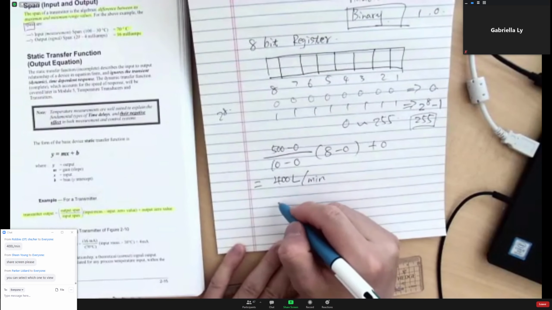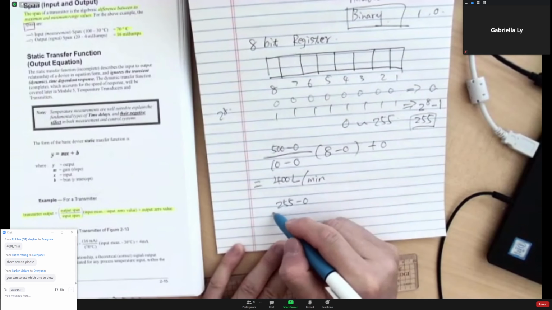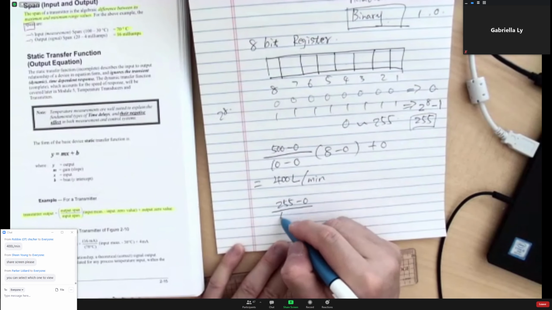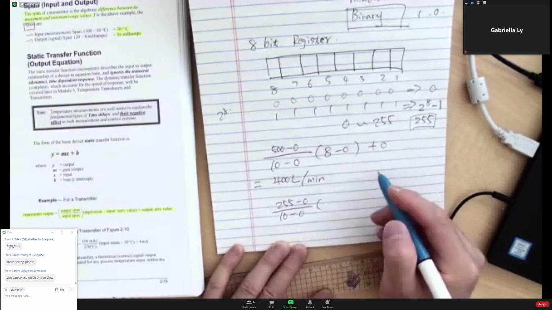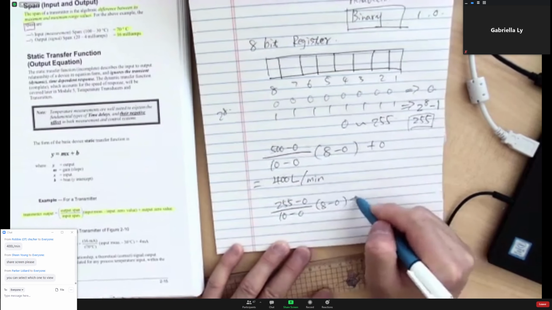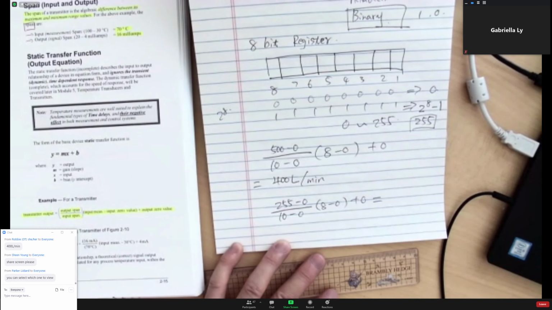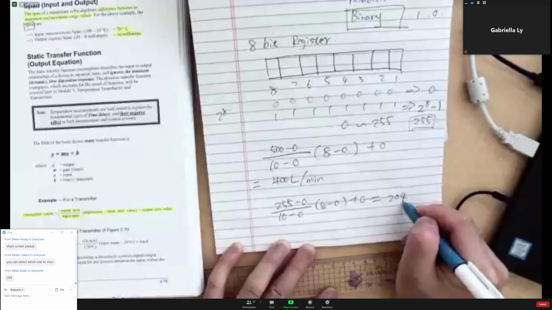The second part is 255 subtract 0 over, let's say, 10 subtract 0, times 8 volts. Now we get a number, 204.